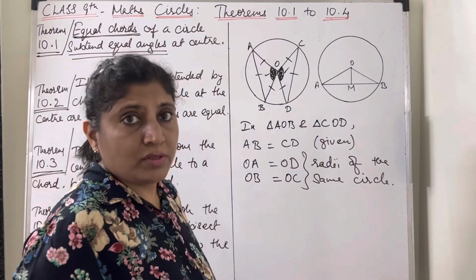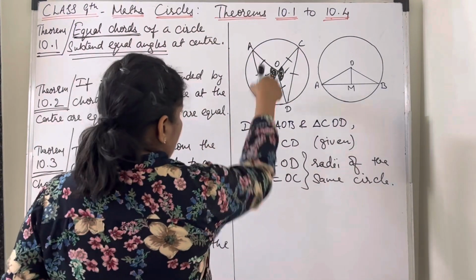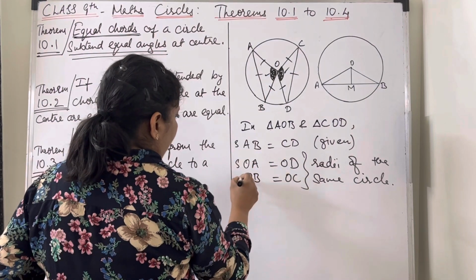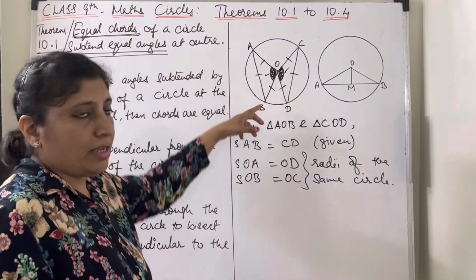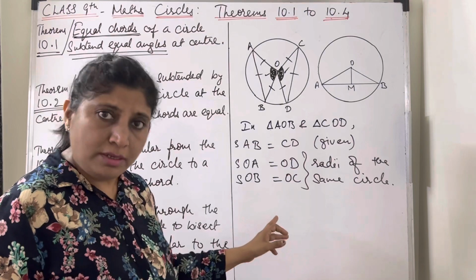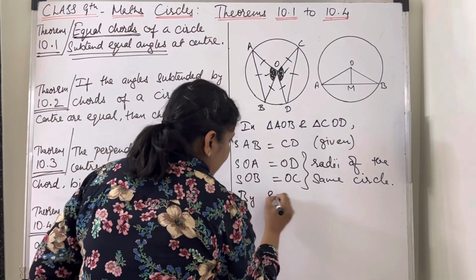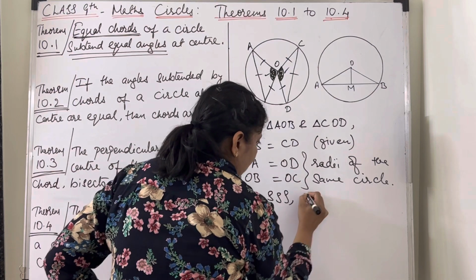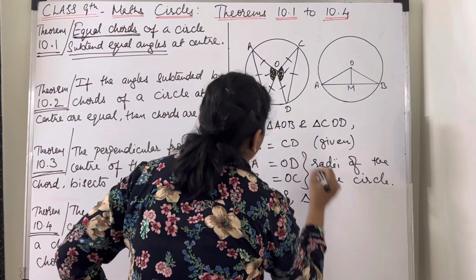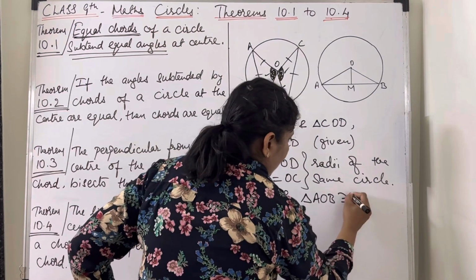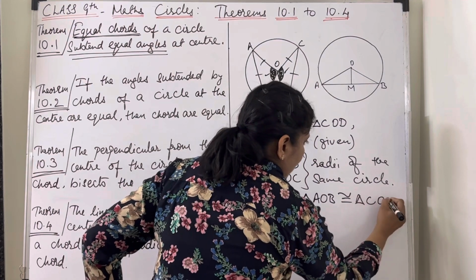Hence, these three are side, side and side. See, we are not taking any angle here. All three are given sides. So, we can say by SSS criterion, triangle AOB is congruent to triangle COD.